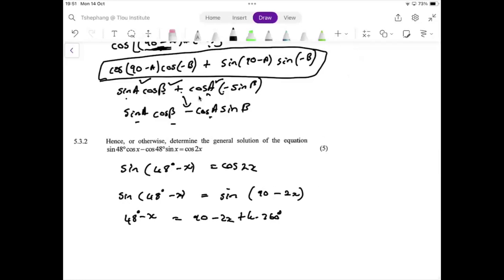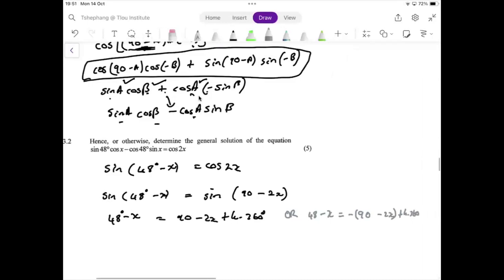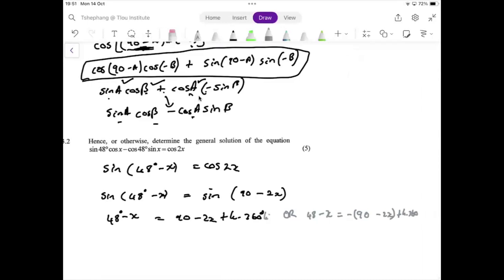Right. It's not only that one, or it must be 48 minus x is equal to negative 90 minus 2x, and then k 360. K is an element of integers. You must put k as an element of integers.